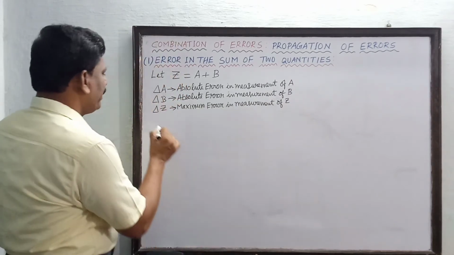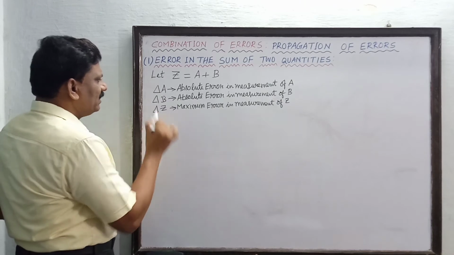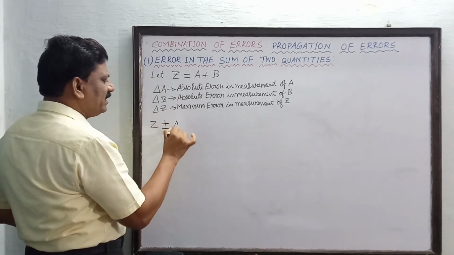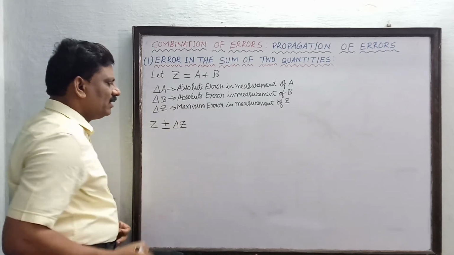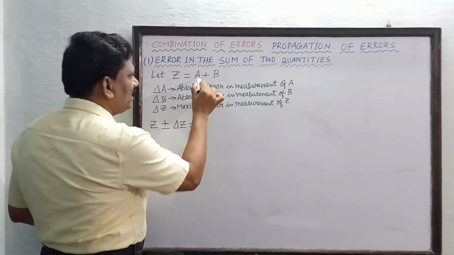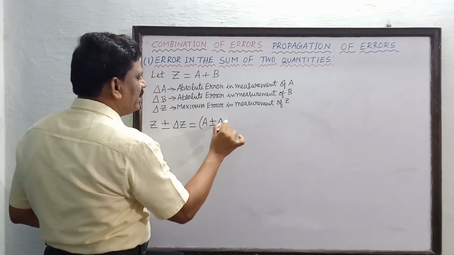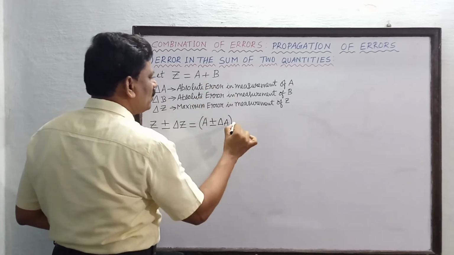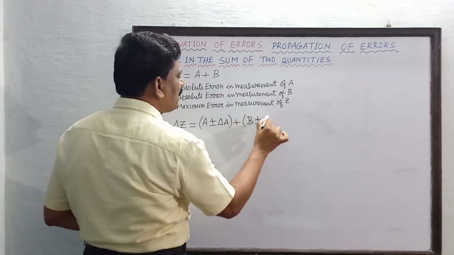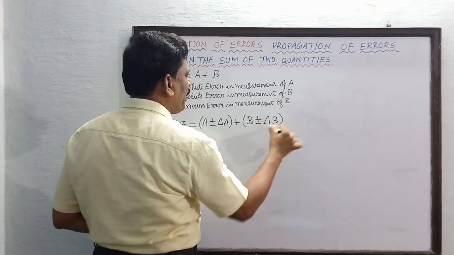Now I will take Z, which is equal to the sum A plus B. So Z plus or minus delta Z is equal to (A plus or minus delta A), it is added, so plus (B plus or minus delta B).